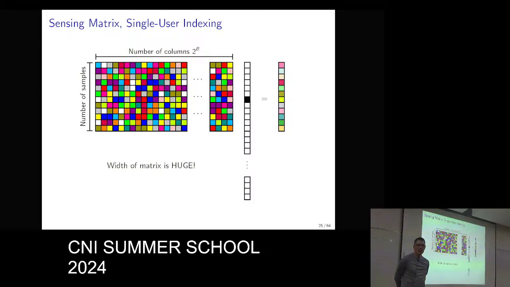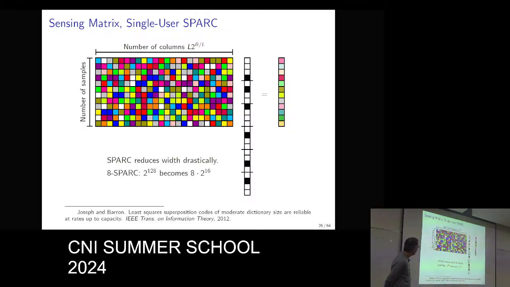If you're sending 100 bits, the width of your matrix is 2 to the 100. And the height of the matrix is the number of symbols you want to transmit on your channel. So it's good as a mental way to think about it, but it's not a practical way to do encoding.